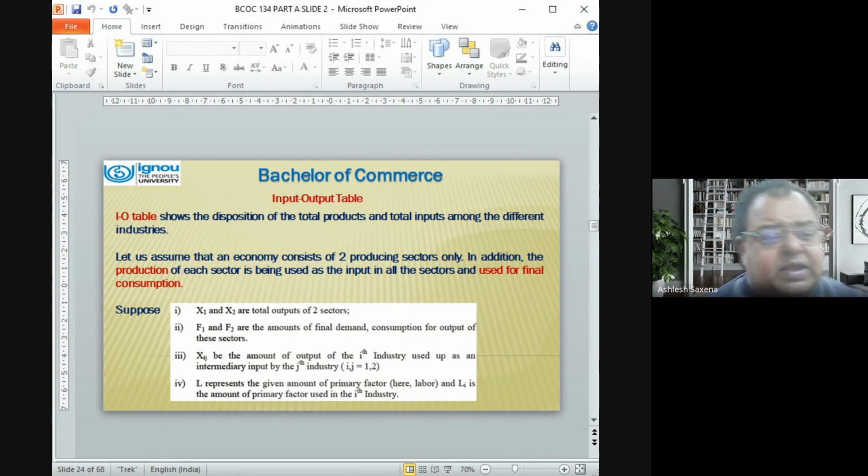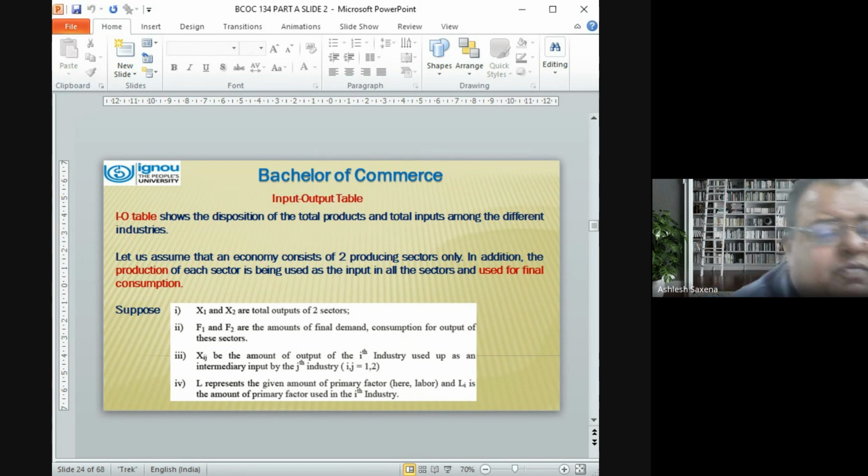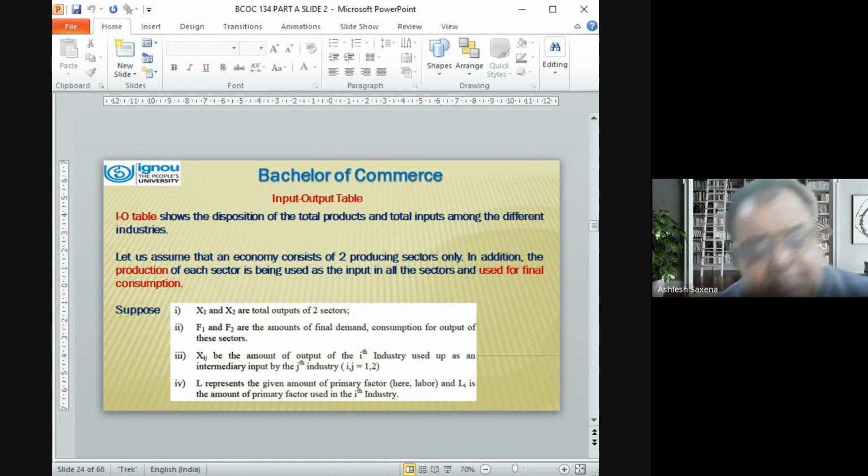X1 and X2 are the total outputs of the two sectors. F1 and F2 are the amounts of final demand, that is the consumption of output of these sectors. Xij will be the amount of output of the ith industry used up as an intermediary input for the jth industry.